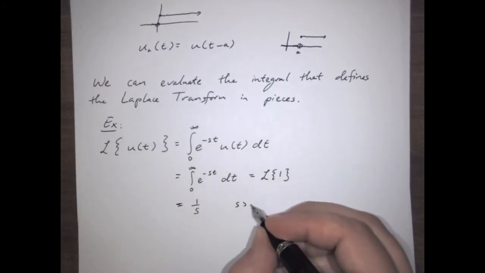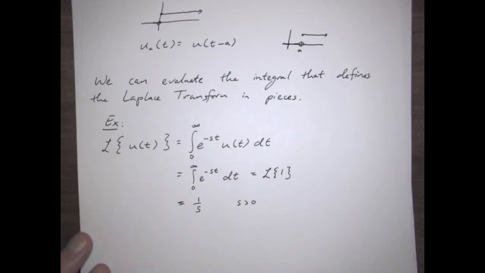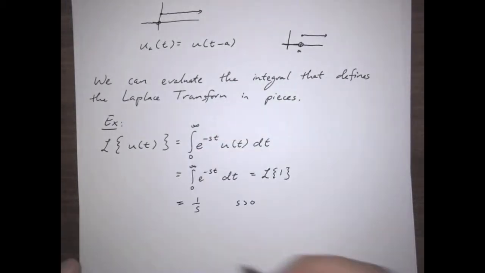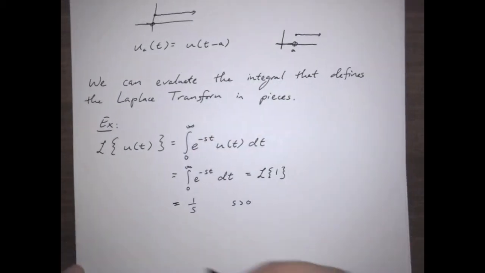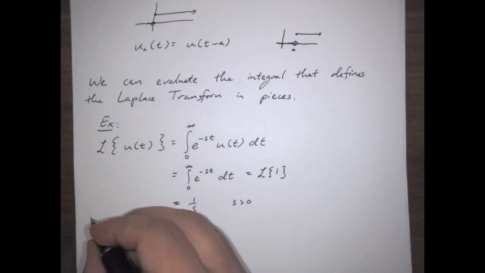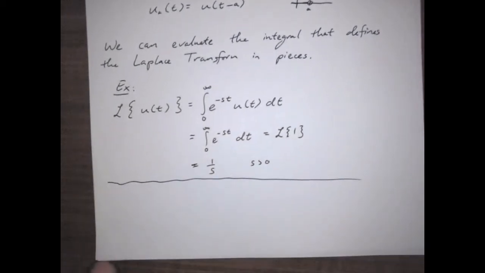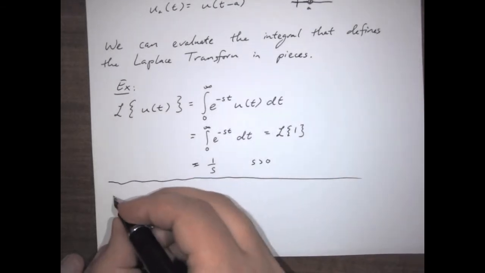And here, as usual, s has to be greater than 0. So for the unit step function, because it only takes effect at 0, which is where the integral that defines the Laplace transform begins, that is actually not changed at all. It's just the same thing as the function that's identically equal to 1.